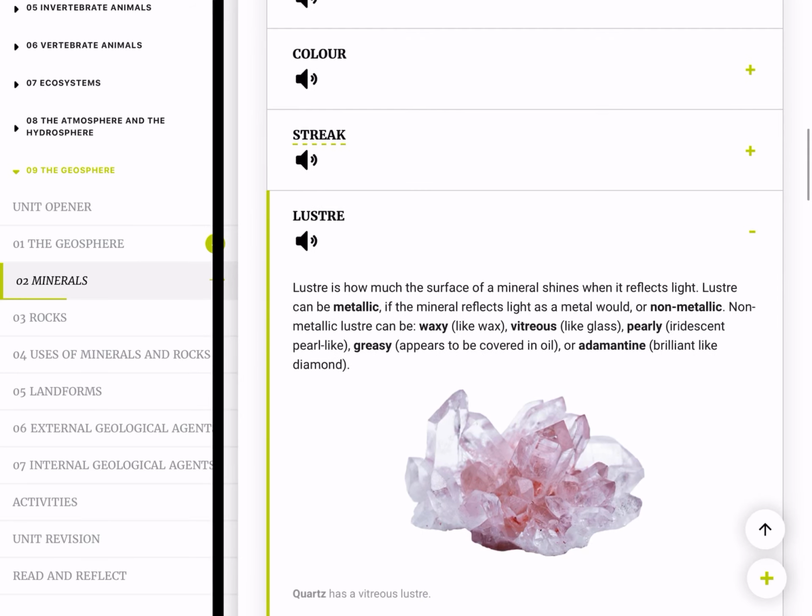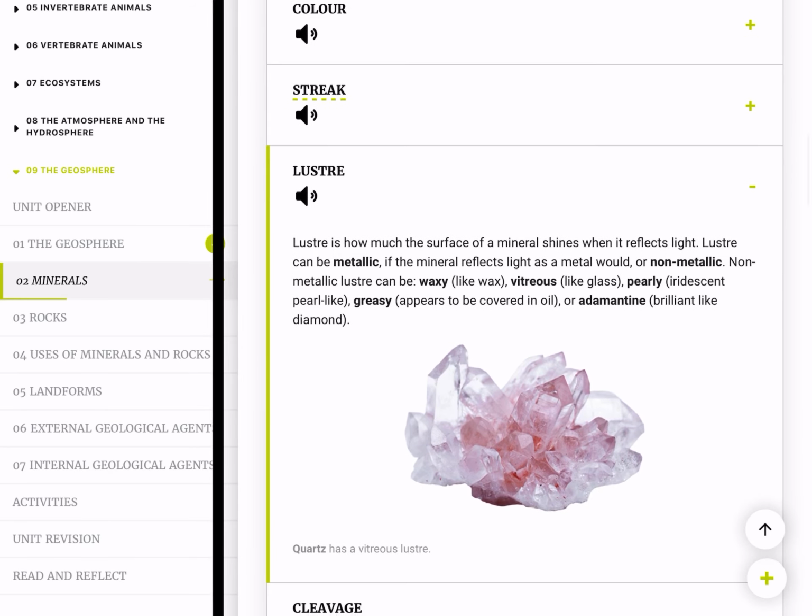Luster. Luster is how much the surface of a mineral shines when it reflects light. So we define some different luster possibilities, like metallic, for example gold, or non-metallic, in general the rest of minerals. They can be waxy, like wax.